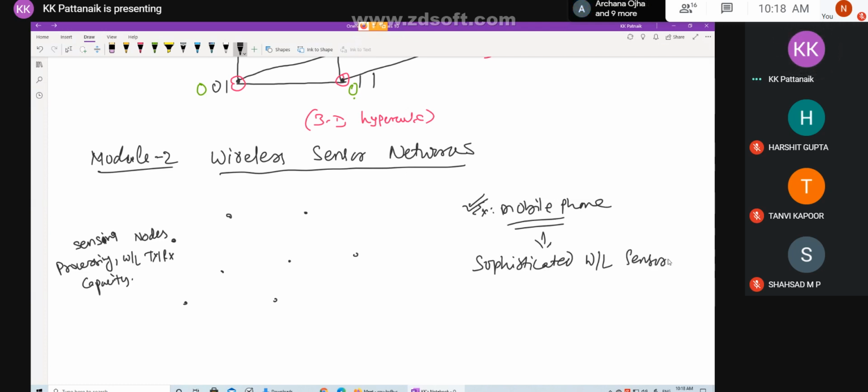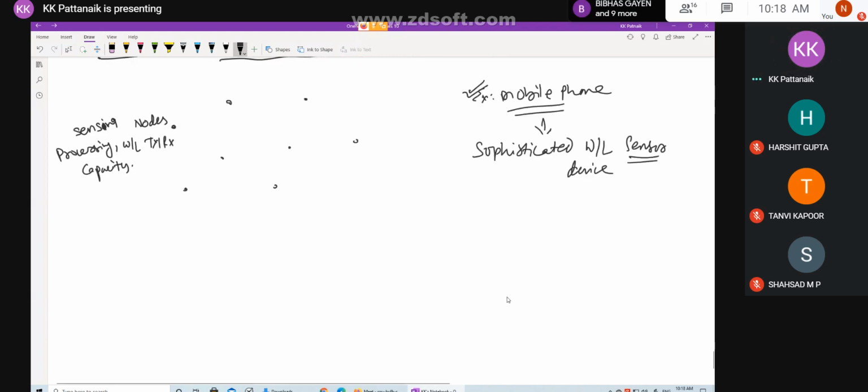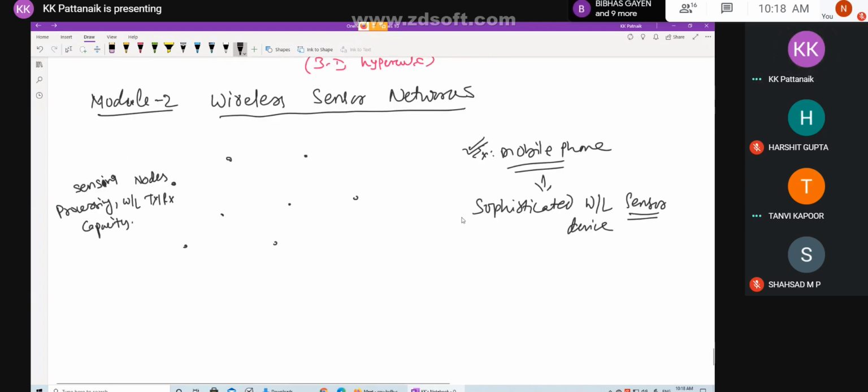What sensors does your mobile phone have?